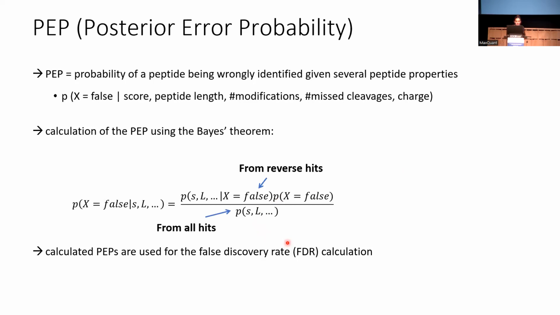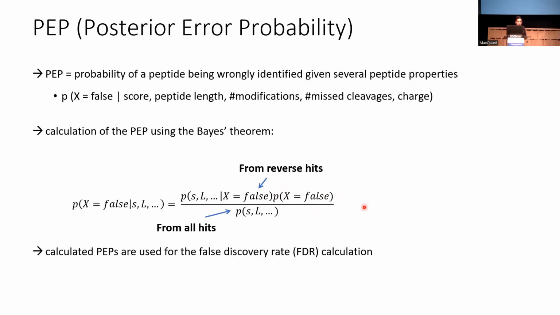The only problem is this prior probability, the probability of the identifications to be wrong. It's quite hard to put a number there, but you actually don't have to, because it's just a number that is going to be multiplied for all of the peptides.